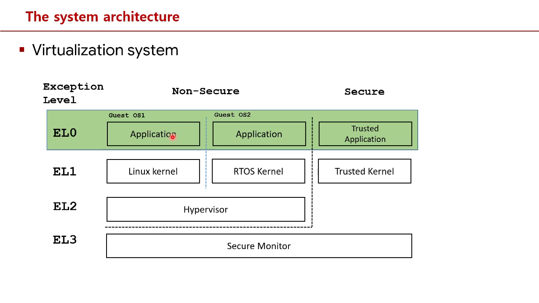A usual application can be running in each guest OS. In guest OS 1, there's a usual application running in an isolated area, and here is another application that is executable at exception level 0. So based on this virtualization environment, the usual application is also running at exception level 0.